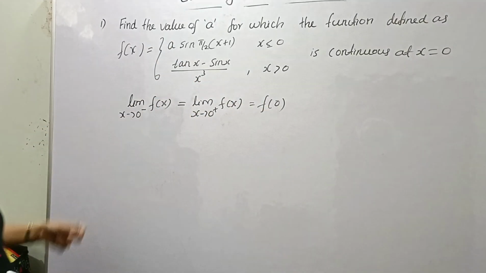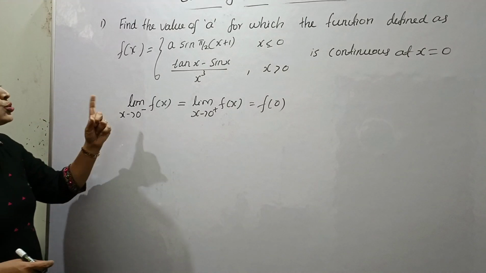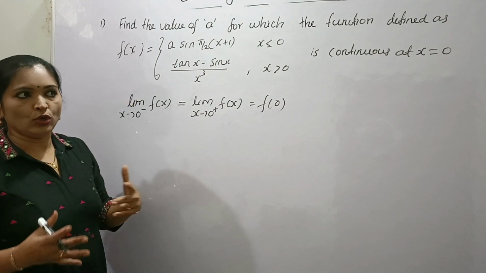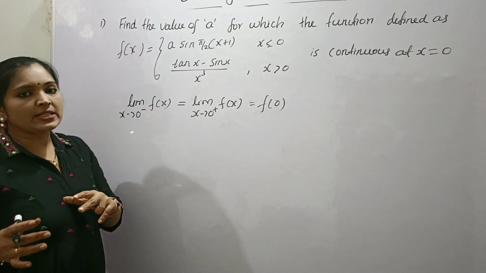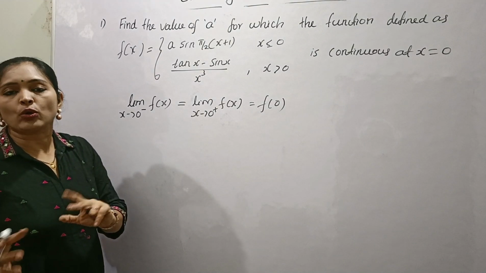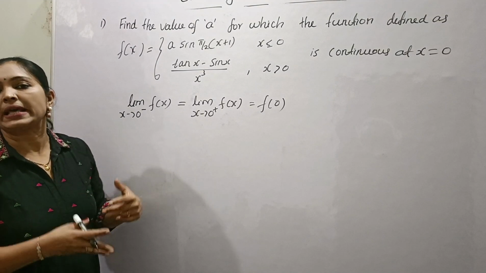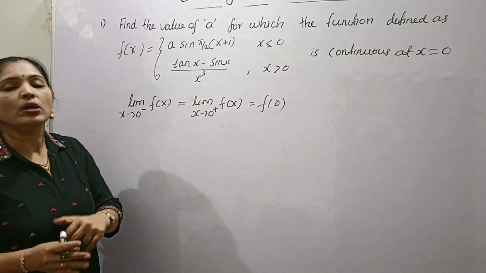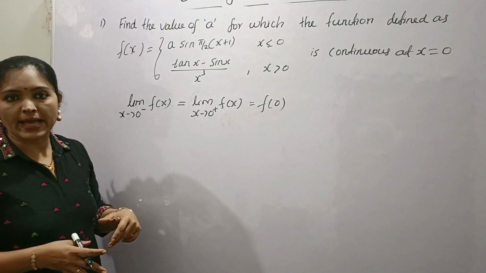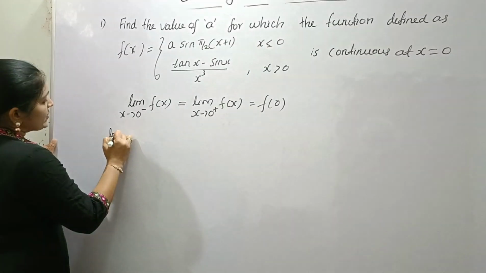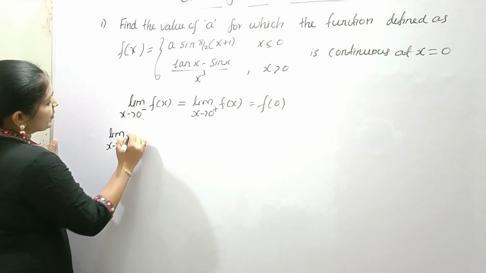Okay, so here let's find limit x tends to 0 minus f of x. We know x tends to 0 minus means x approaches 0, very close to 0, but it is less than 0. Not equal to 0, it is close to 0 and less than 0. Now let's find the left hand limit.